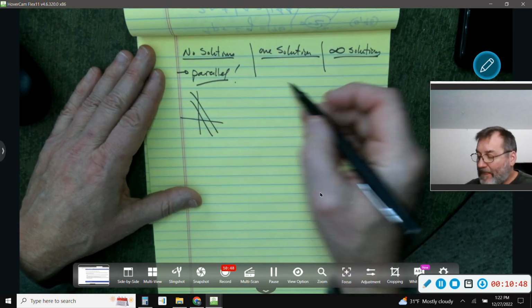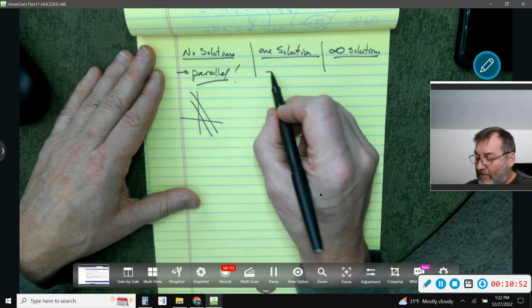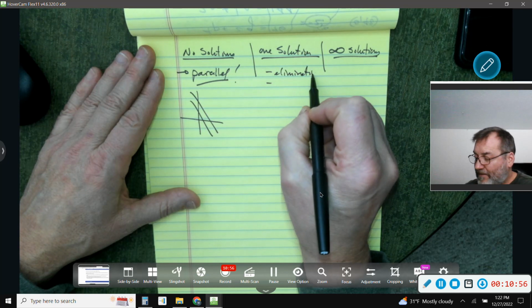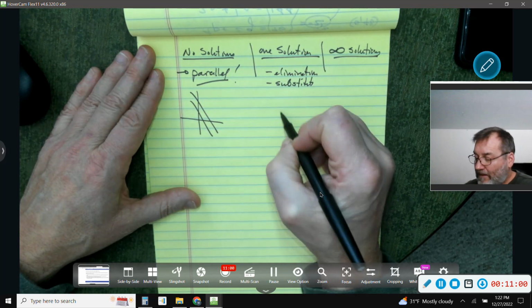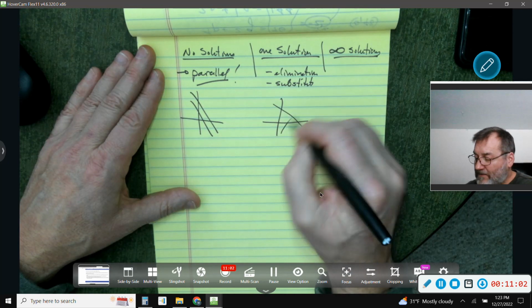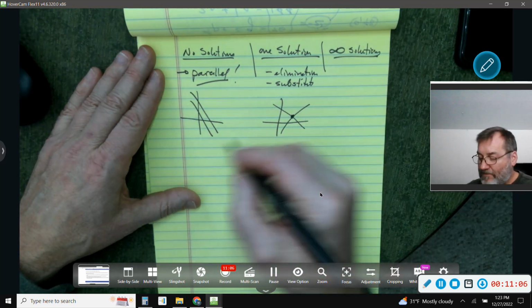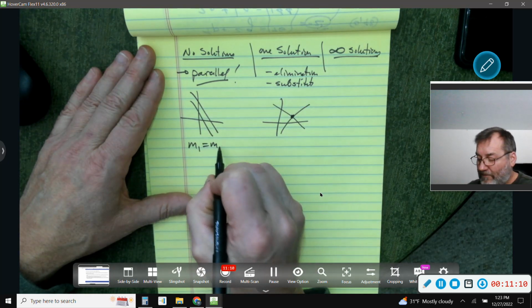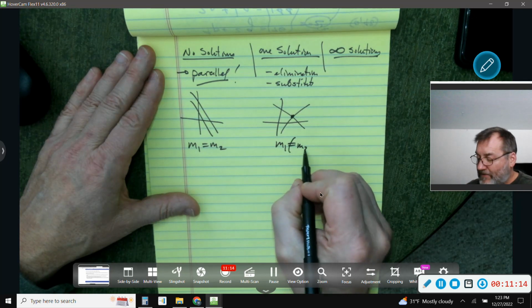For one solution, you have a couple ways to find it: elimination or substitution. And that looks something like this. You have the solution right there. Two different slopes. Over here they're parallel, so the slope of one equals the slope of the other. Here the slope of 1 does not equal the slope of 2.